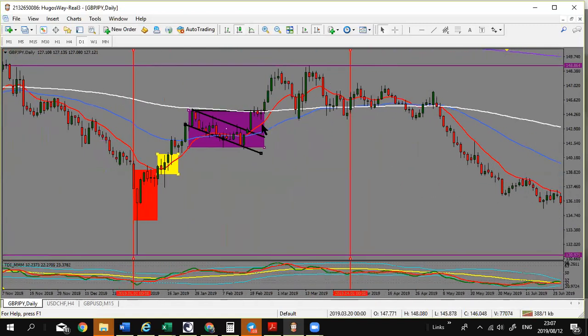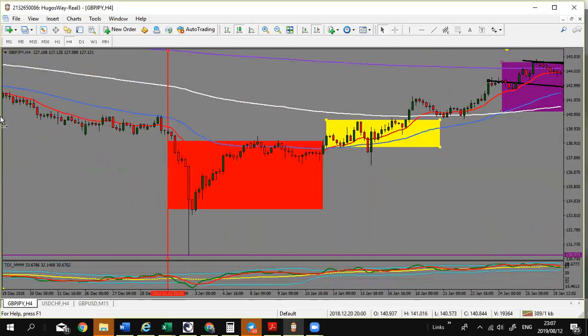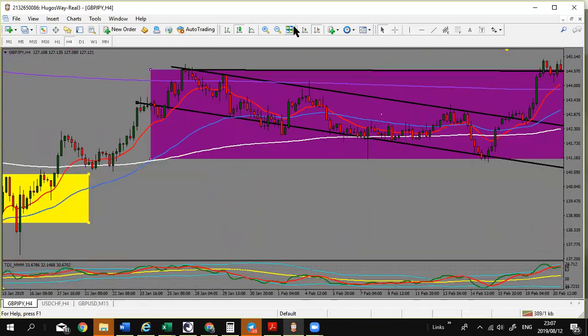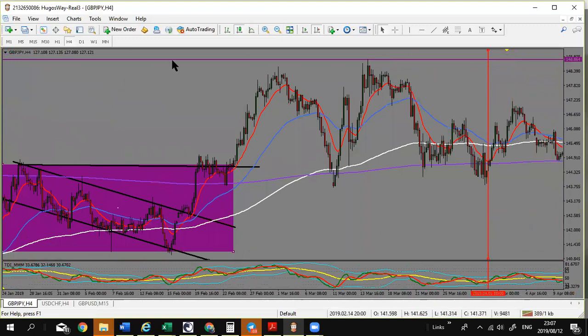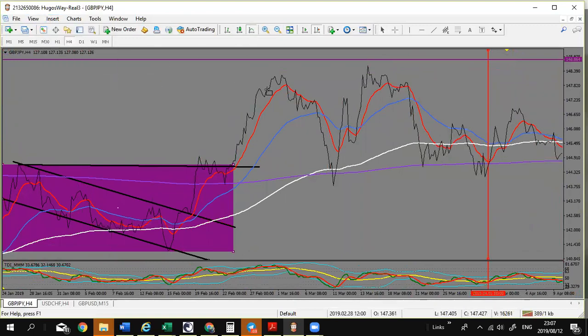That was dope. That was a dope trade. So this would be level 3 consolidation.